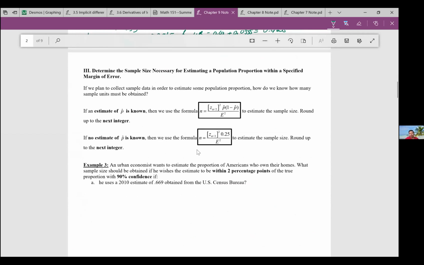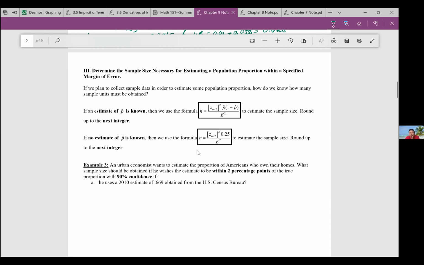So if we plan to collect sample data in order to estimate some population's proportion, how do we know how many sample units must be obtained? All right, so here is how the question got answered.